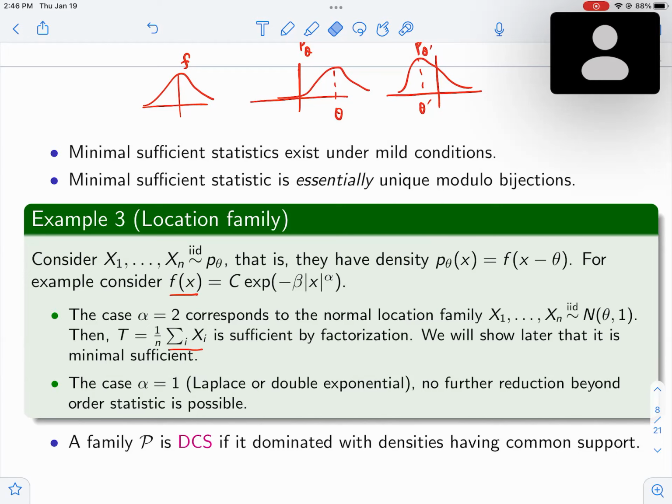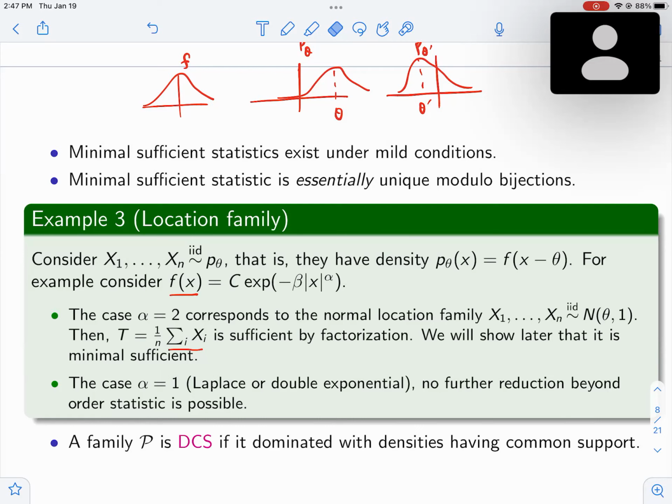If I normalize it by 1 over n, it doesn't matter. There's a bijection between the mean and the sum, so it doesn't matter if I say the sum is minimal sufficient or the average is minimal sufficient. This follows by the factorization theorem, which we are not showing. It's easy to show. Maybe you show it in your homework problems. But later we'll see that this is also minimal in this case.